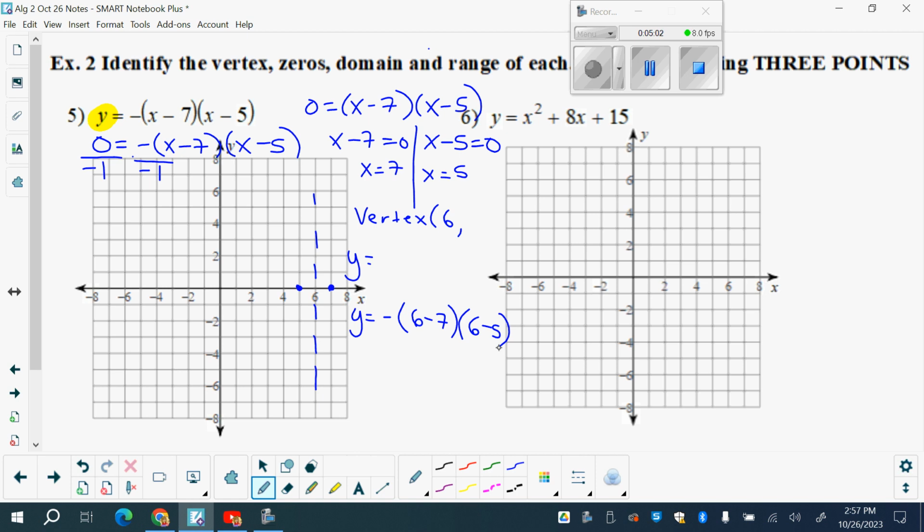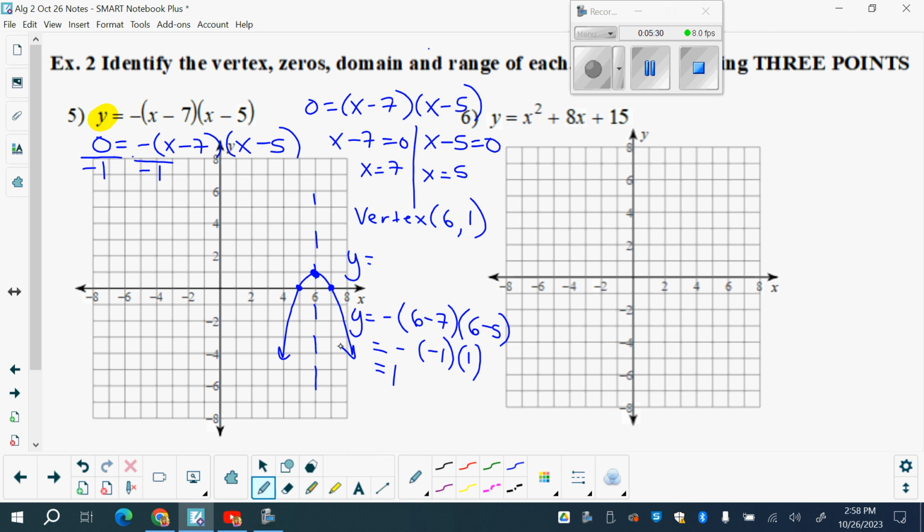Yeah, simplify what's inside those parentheses first. So this would be a -1, this would be a +1, and then we're just multiplying. So we have a negative times -1 times 1, which is 1. So our vertex is (6, 1), so there's our third point, and we know that it faces downward.